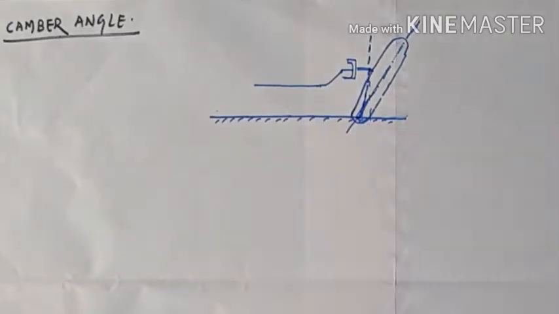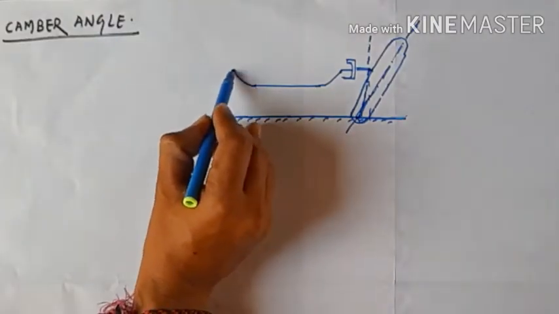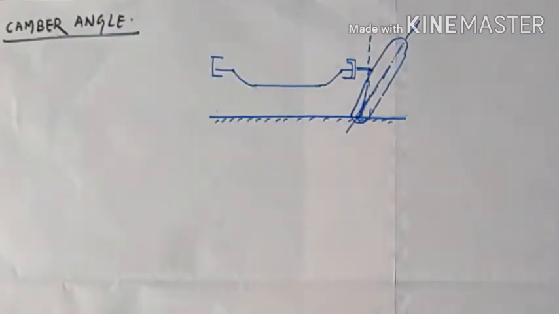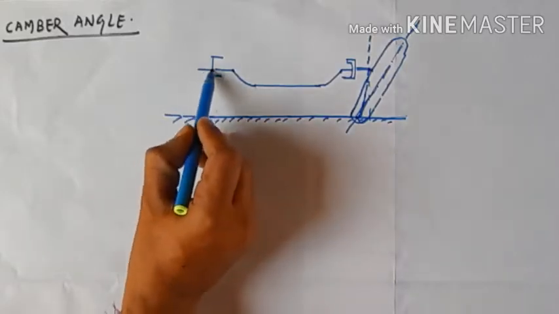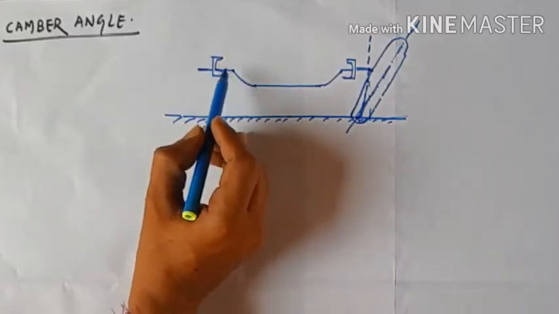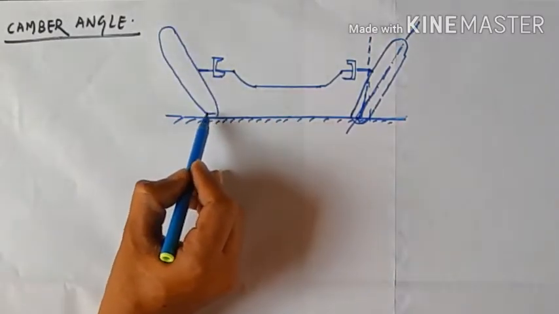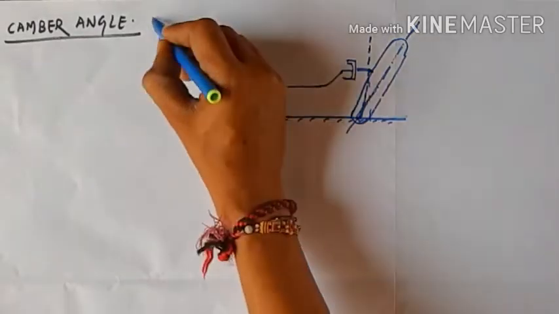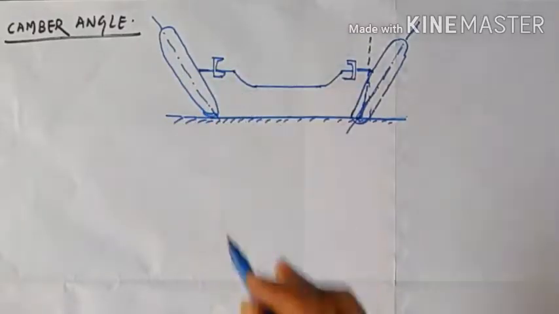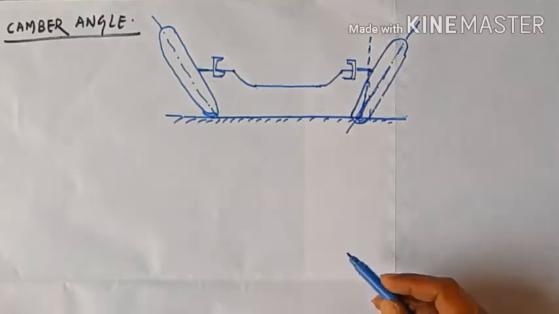Okay, again for this diagram, this is your front axle, this is your road condition, this is your joint, and if the vehicle's wheels tilt like this, here again this is the center line of the tire, the wheel center plane, and this is your kingpin.